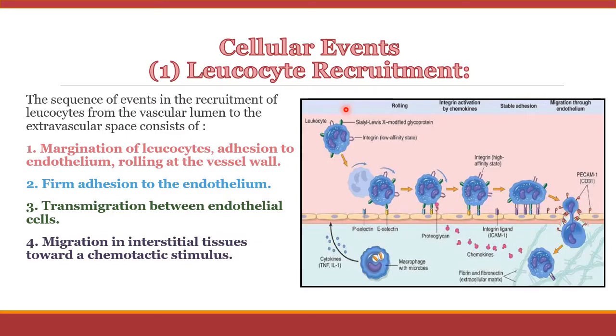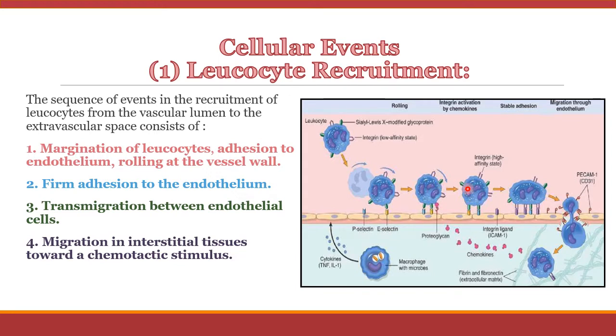So again, the concepts of leukocyte recruitment include four main steps. The first step is margination of the leukocyte, adhesion to the endothelium, and rolling at the vessel wall. This will happen when the leukocyte or the neutrophil leave the central axis of the blood and then they move toward the wall of the blood vessel to start to roll over the endothelial cells like a snowball.